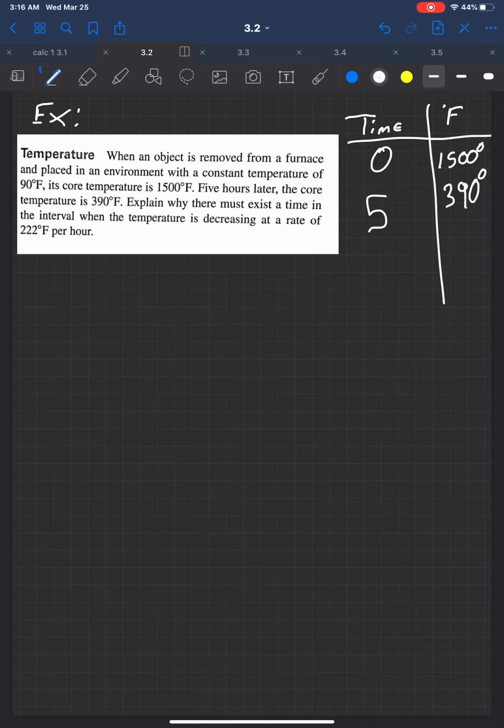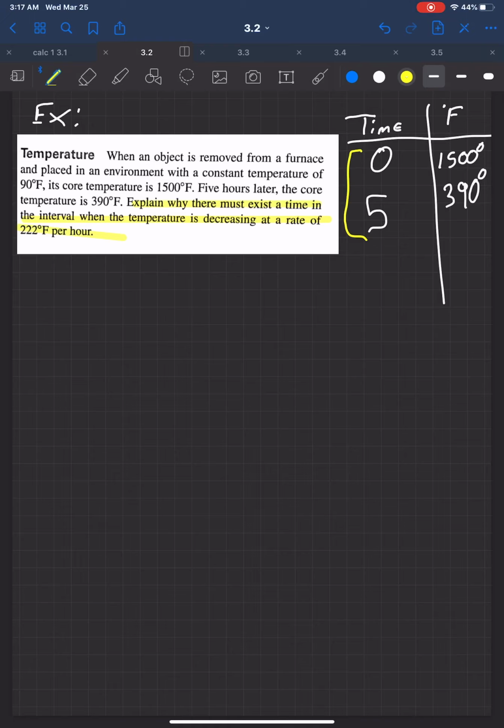So what do they want from us? They say, explain why there must exist a time in the interval from 0 to 5 hours when the temperature is decreasing at a rate of 222 degrees Fahrenheit every hour.